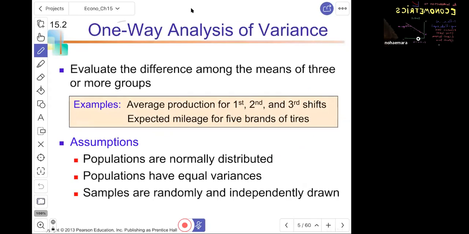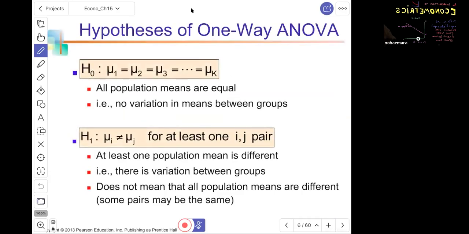The one-way analysis uses this F statistic and is based on certain assumptions: the population is normally distributed with equal variance, and the samples are randomly and independently drawn. Again, your null hypothesis is the same, but in a different context. So now I'm comparing sample means.